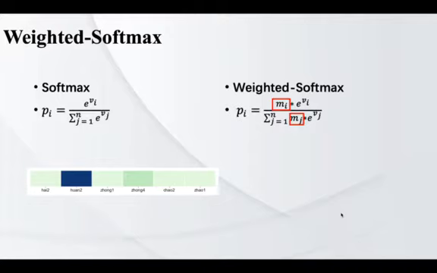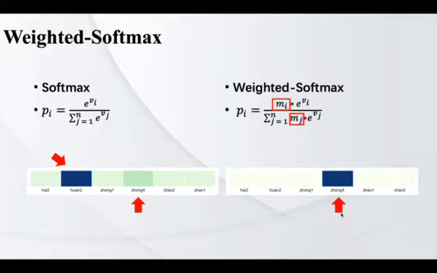And as for the Weighted-softmax, the prediction is on the right side. The prediction is zhong, and it can correctly predict the right pronunciation of the input polyphonic character.